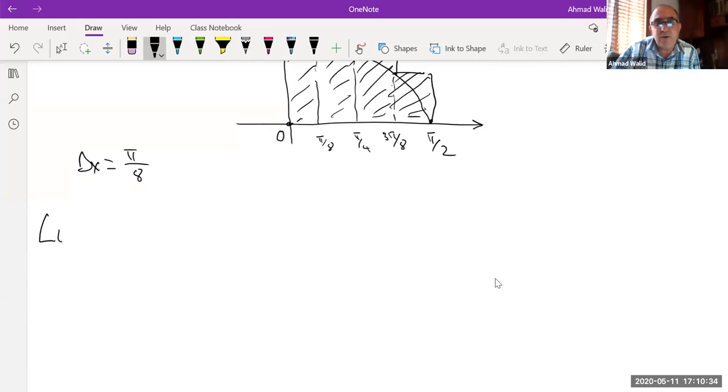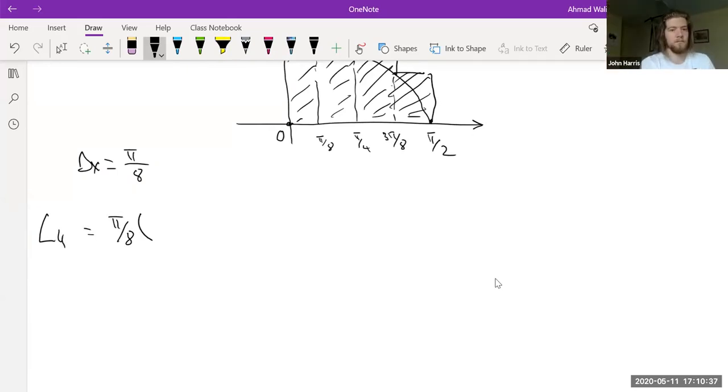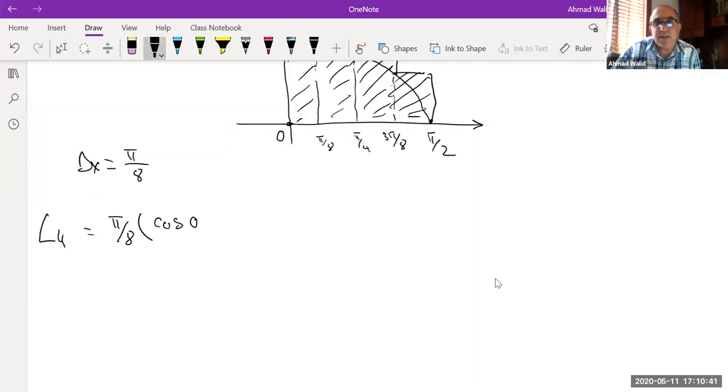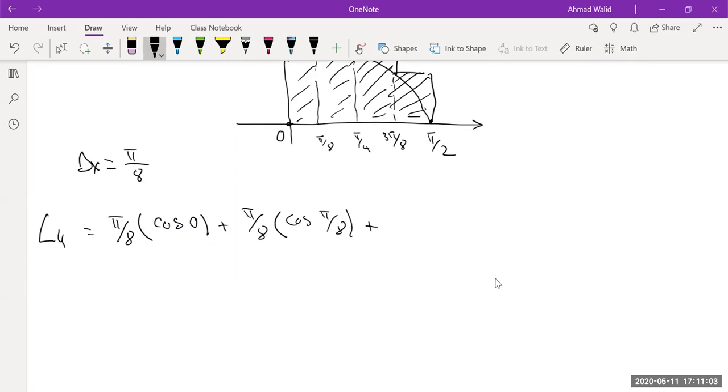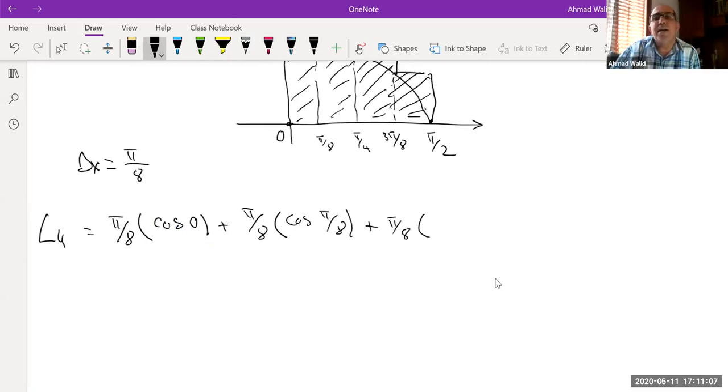To find the left L4, it will be pi over 8 times cosine of 0, plus pi over 8 times cosine of pi over 8, plus pi over 8 times cosine of pi over 4, plus pi over 8 times cosine of 3 pi over 8. Do the calculation, give me the last answer.